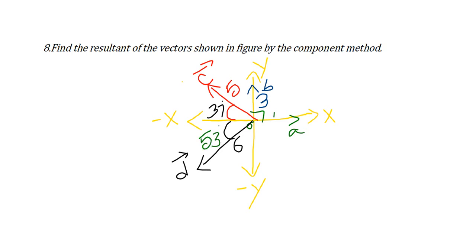So find out the resultant vector. Here the problem is given the vectors in 4 quadrants. Let us discuss the quadrants one by one. So first quadrant.